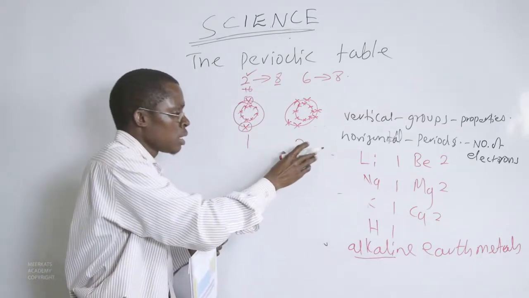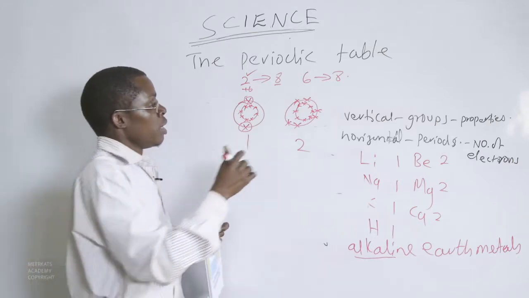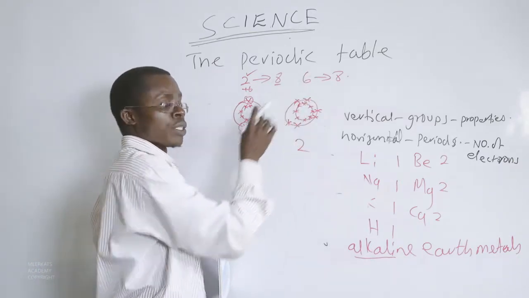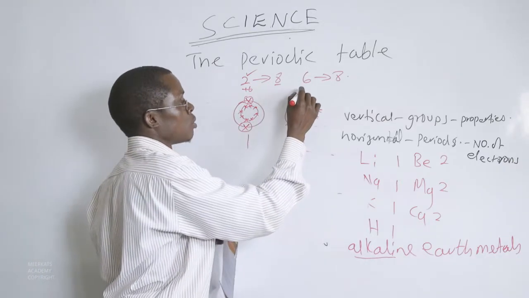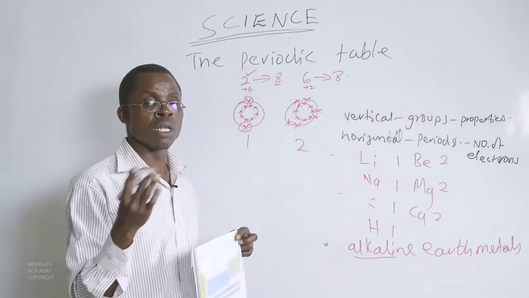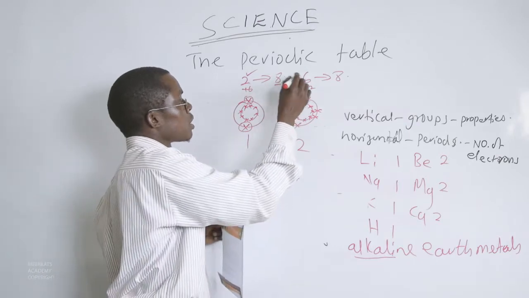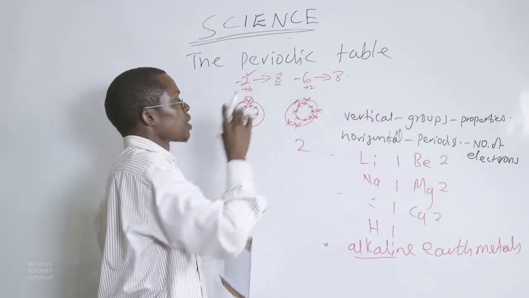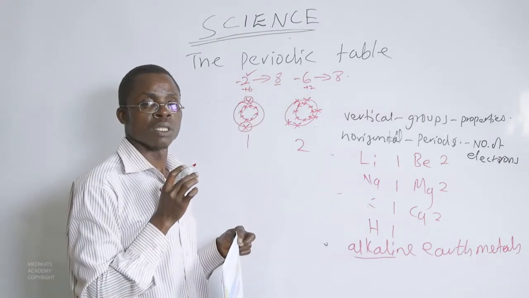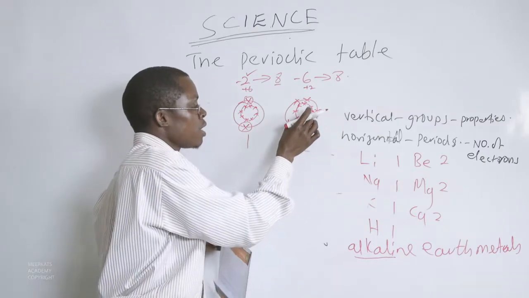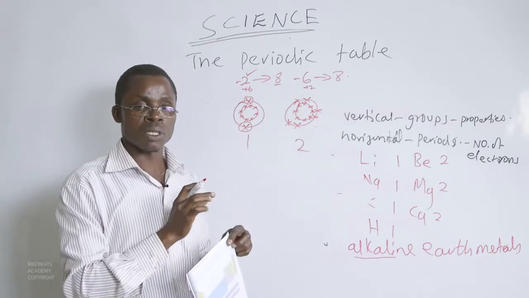But let's look at case number 2. Outermost has 6. It requires 2. A plus of 2, then you are at 8. Or lose the 6, so that you can have the innermost as the outermost.